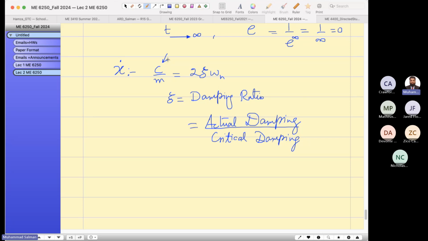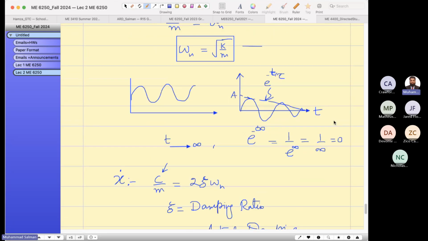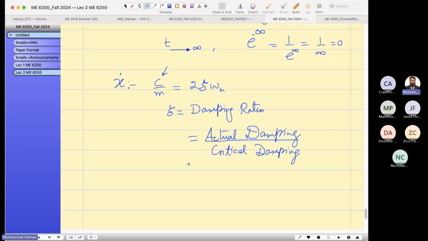This is my actual damping. The damping coefficient of this damper is the actual C. And now the critical C is written as 2m omega n.